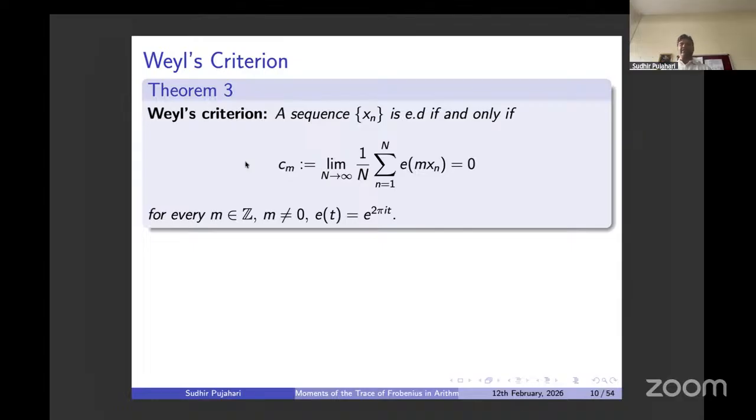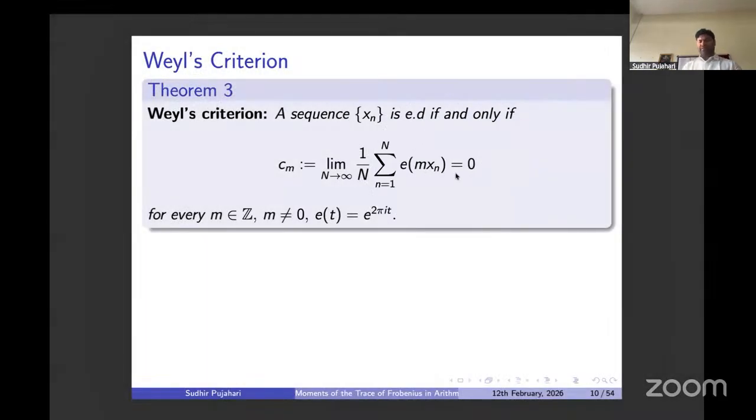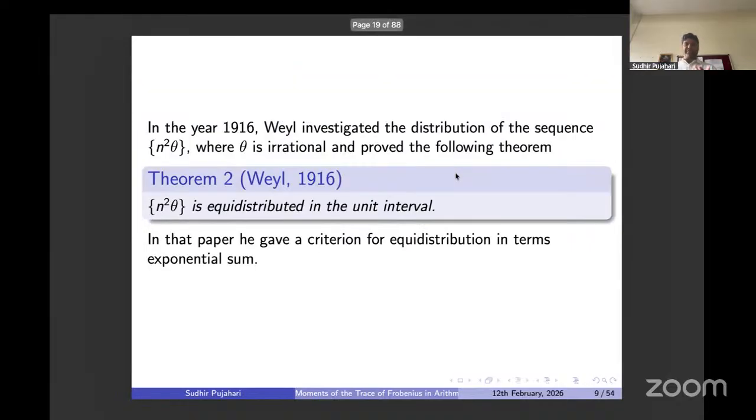And it says a sequence x_n is equidistributed if and only if the exponential sum is equal to 0. So both sides are true. And this is another very interesting paper in number theory in the same year where Ramanujan's paper appeared.